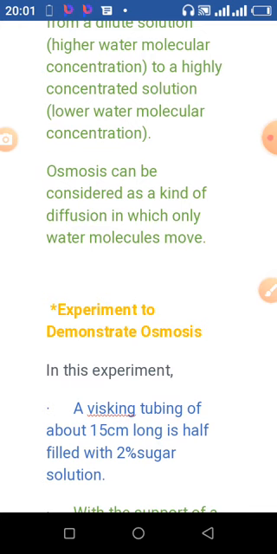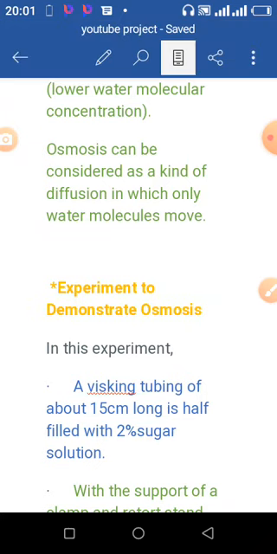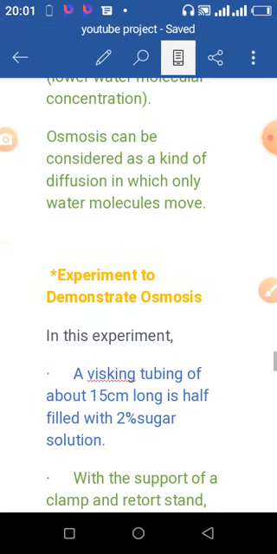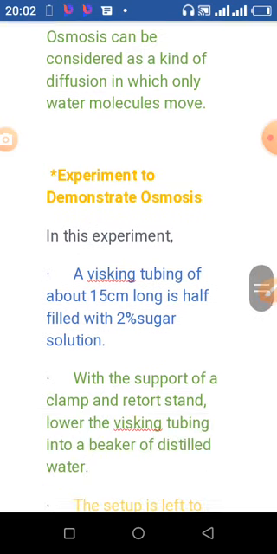Osmosis can also be considered a kind of diffusion in which only water molecules move. So osmosis has similar properties to diffusion, but it is mainly about water. It doesn't deal with gases and other fluids, only water moving from lower to higher concentration.